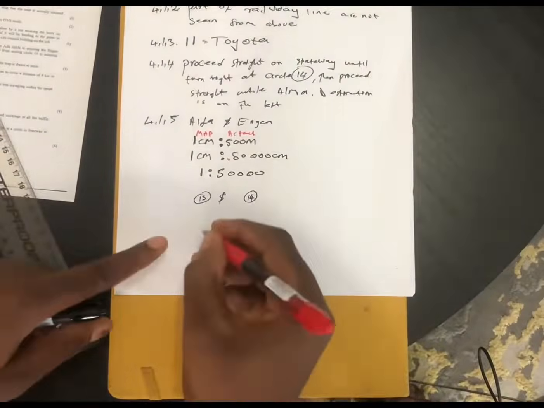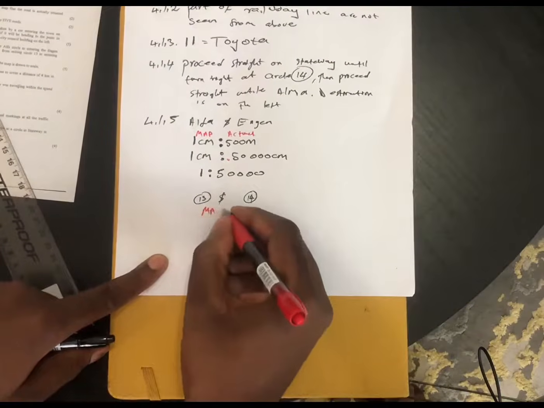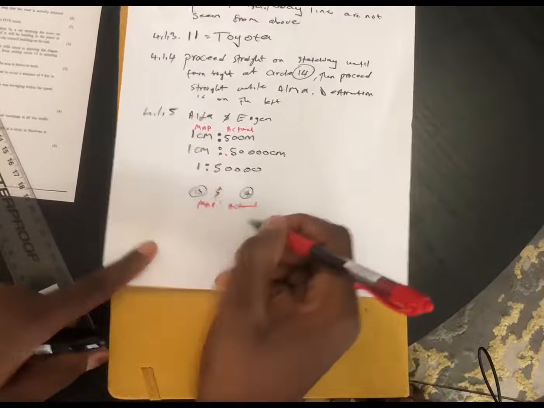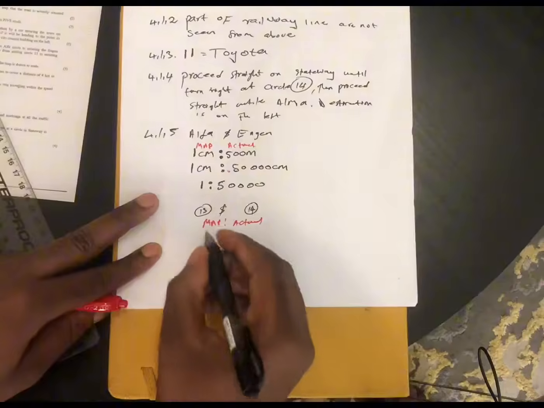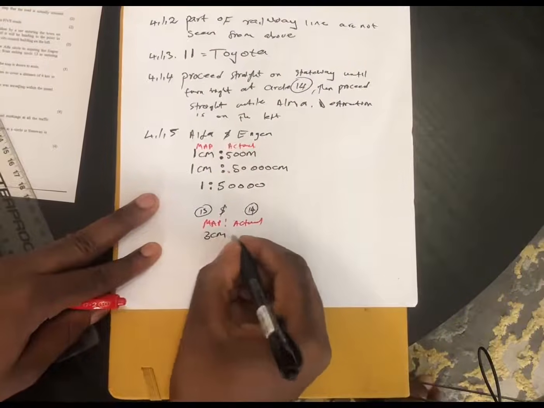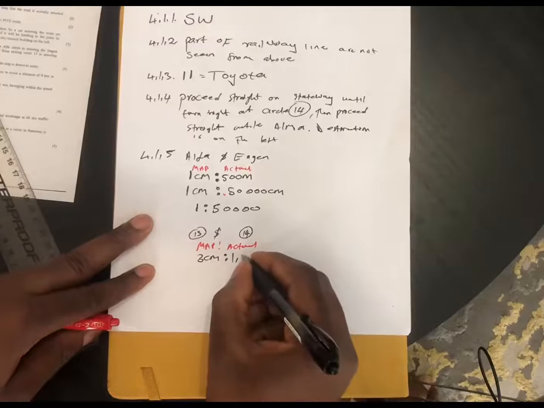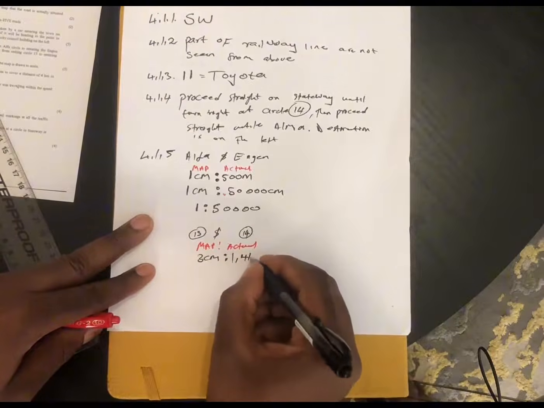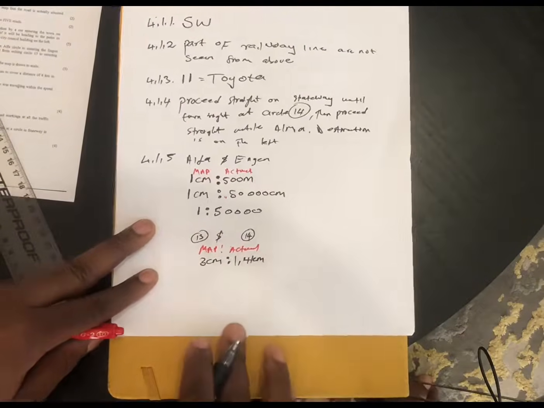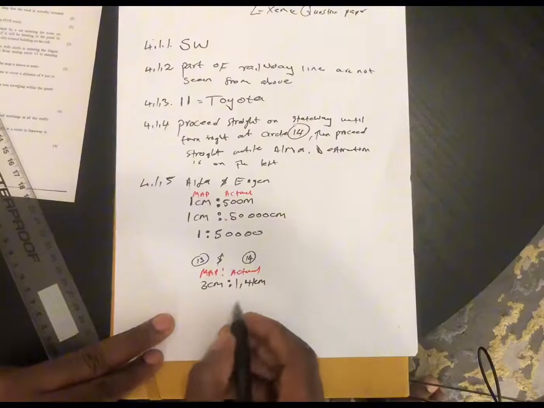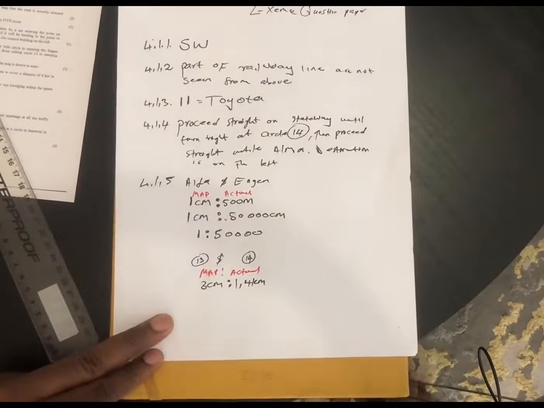So the map distance is to the actual distance. The map distance, I found this is 3 centimeters, is to the actual distance, they say is 1.4 kilometers. So now we are going to convert to the same units also. Let's convert the kilometers to centimeters.